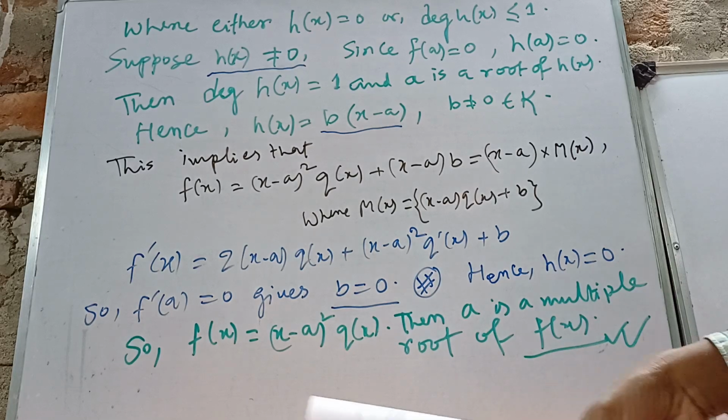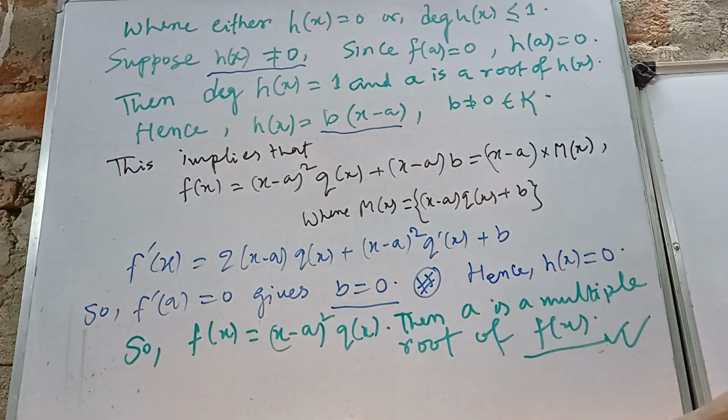Let a be a root of f(x); then a is a multiple root of f(x) if and only if f dash a equal to 0. I think this theorem is easily understood by all, step by step clearly done.